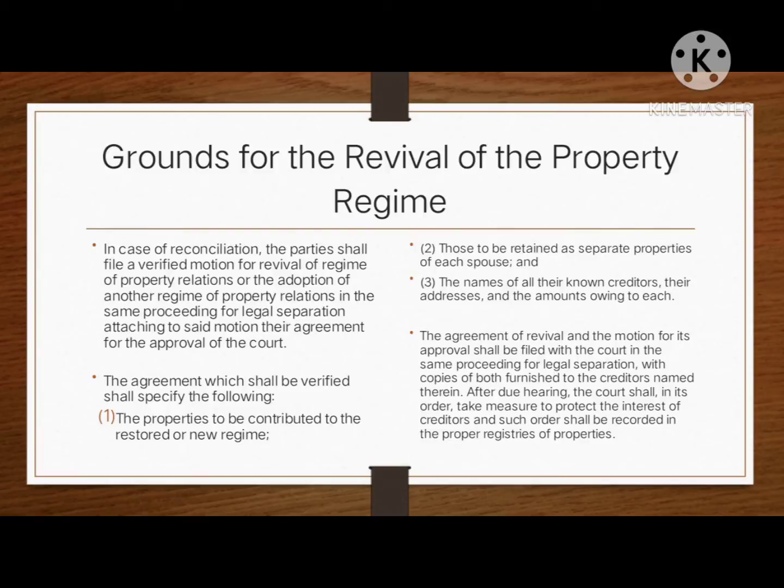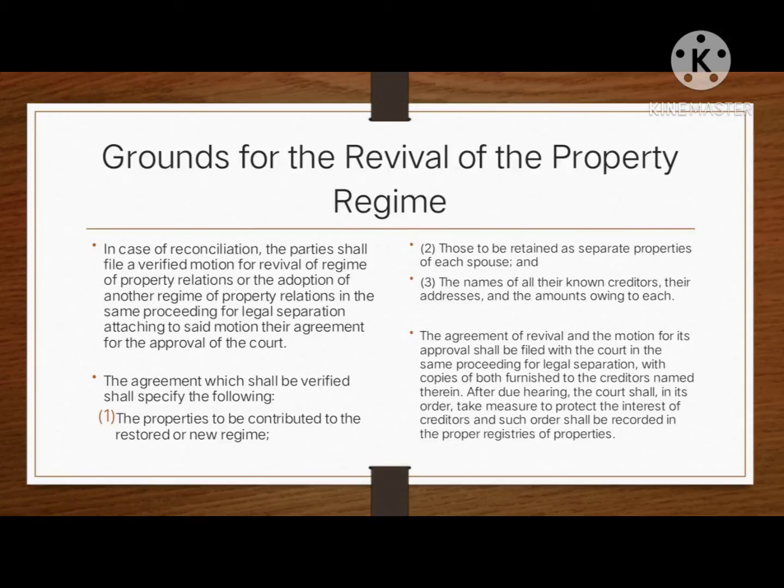So those properties will remain as their exclusive properties. Third, the names of their known creditors, their addresses and amounts owing to each. So in terms of debts, the creditors are part of that: the name of the creditors, the address, and the amount owed by the spouse.